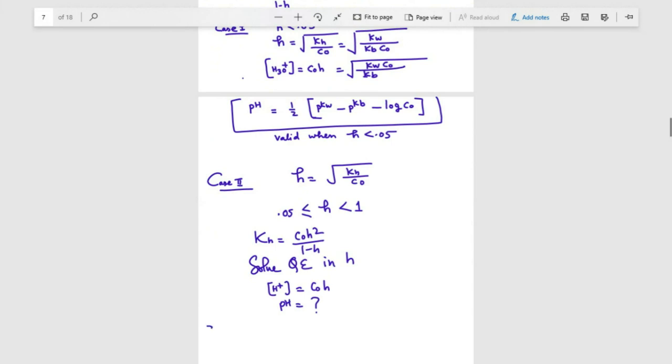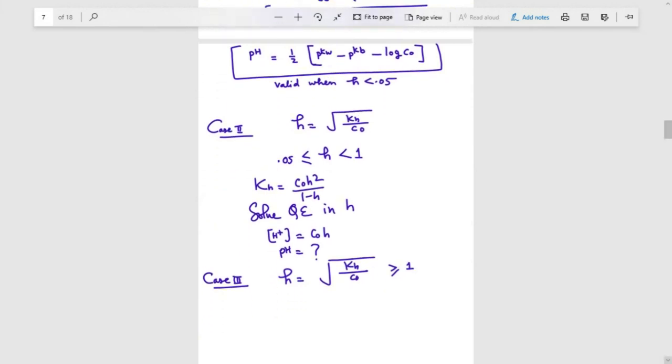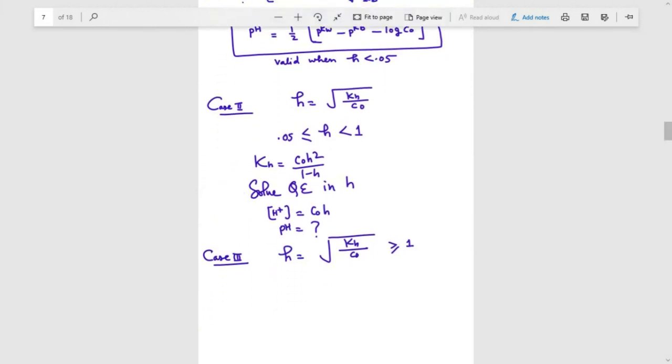Or there may be a third possibility. While calculating the value of h by this formula, you have applied KH upon C naught. If the solution is very dilute, if C naught is less than KH, then the value of h, if it is equal, then h is 1. If it is less, then h is greater than 1. So this absurd value is saying that the cation of the salt is 100% hydrolyzed.